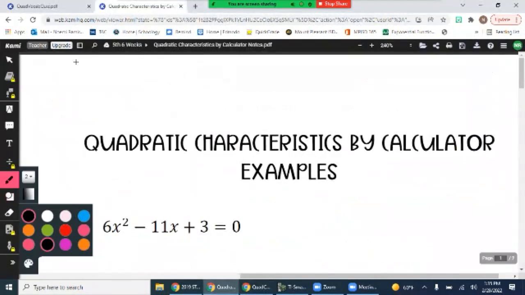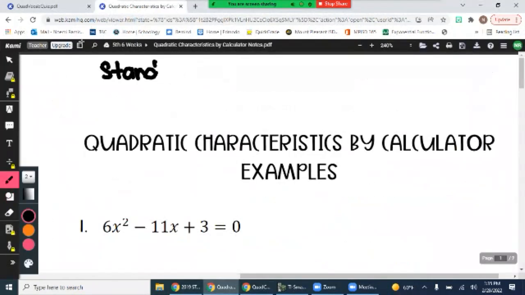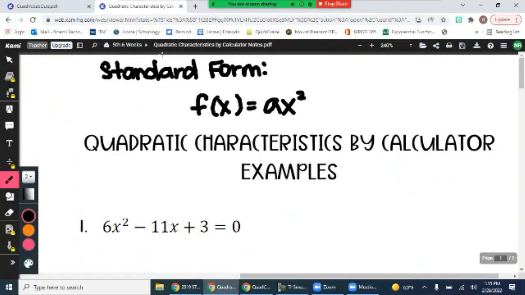So you have two foldables, but write it down in the examples foldable. So standard form: f of x equals ax squared plus bx plus c.